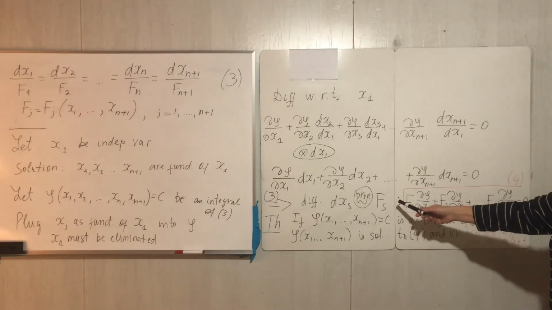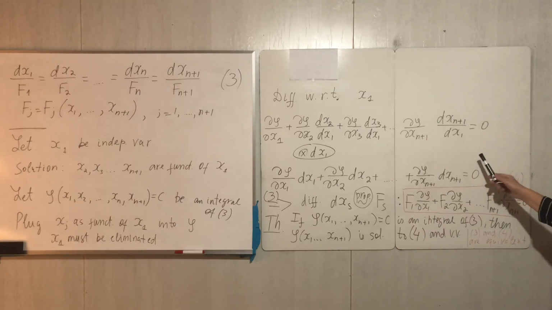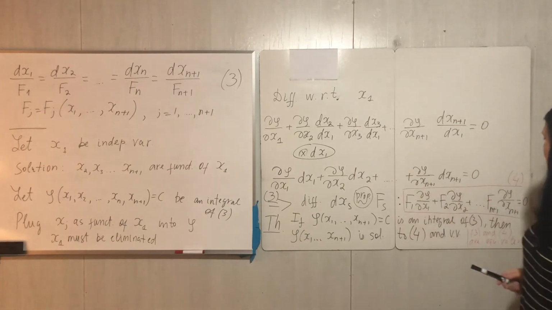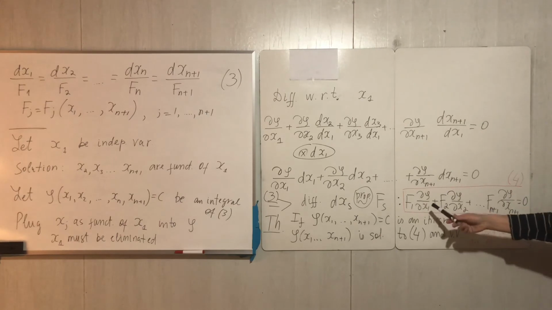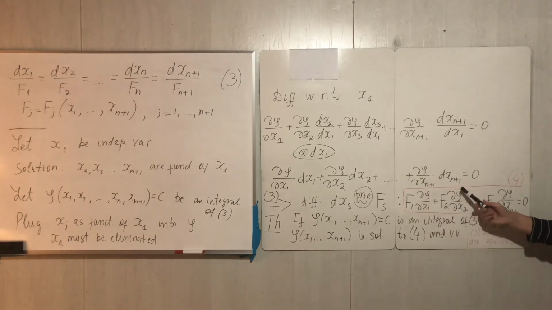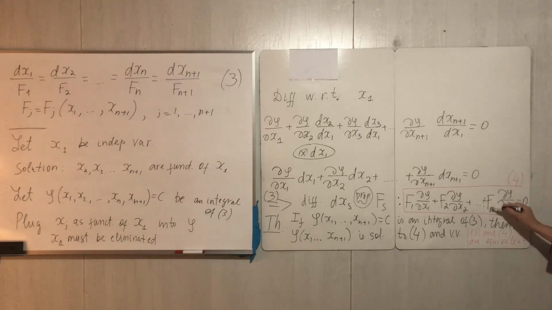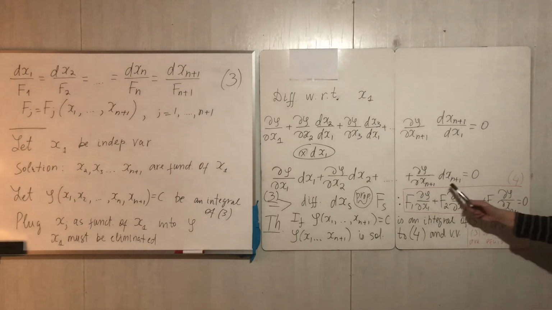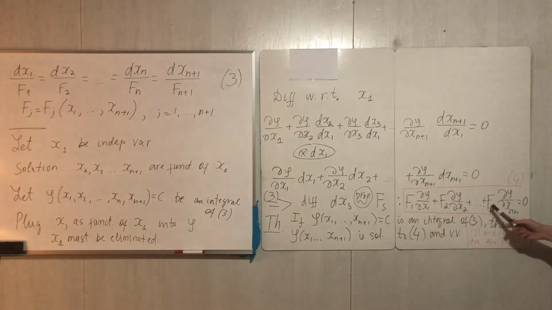So then we can replace the differentials with the functions F. The equation will stay the same, so what we will have is F1 times dphi/dx1 plus F2 times dphi/dx2 plus so on, plus Fn+1 times dphi/dxn+1 equals 0, and let's call this equation number 4. And now you can see that we have a first order PDE, right?